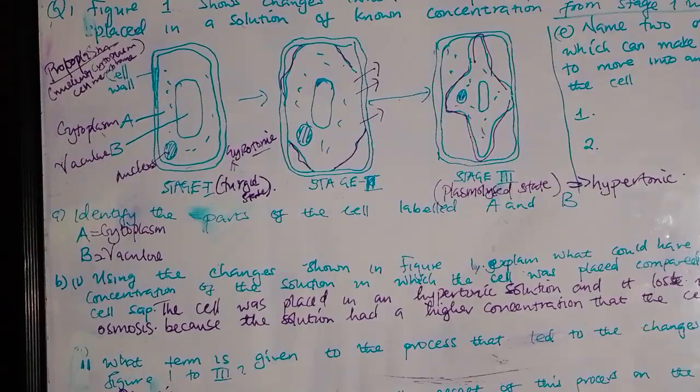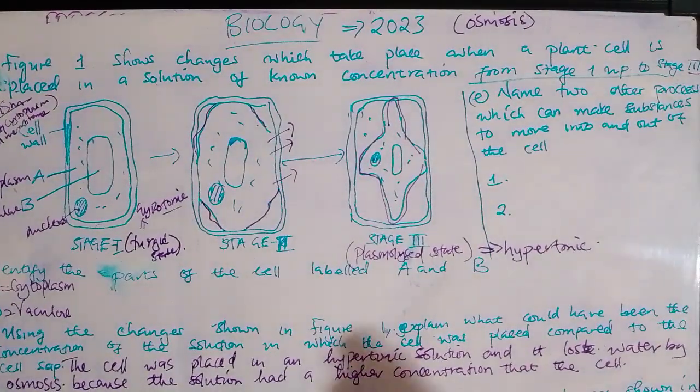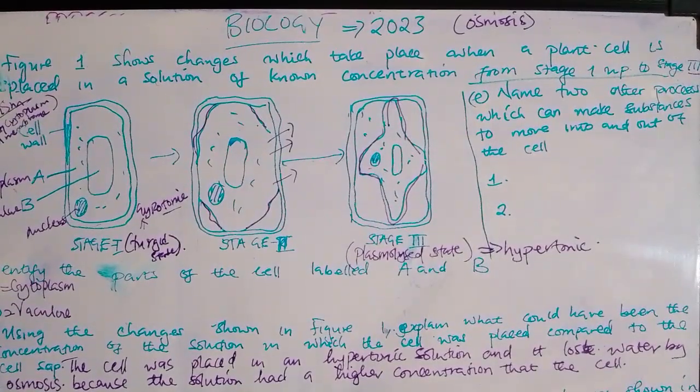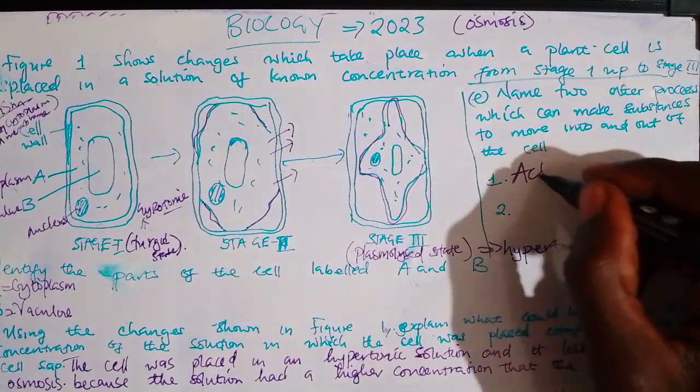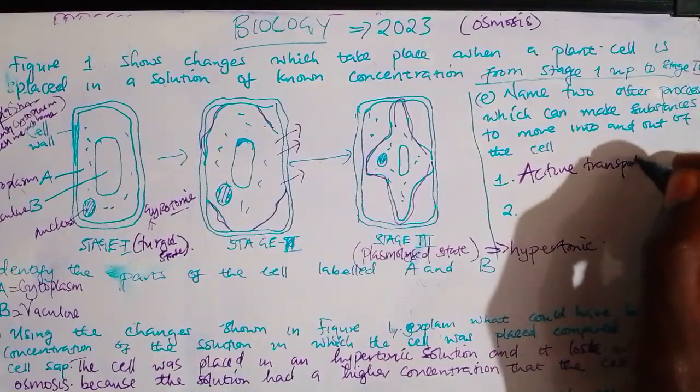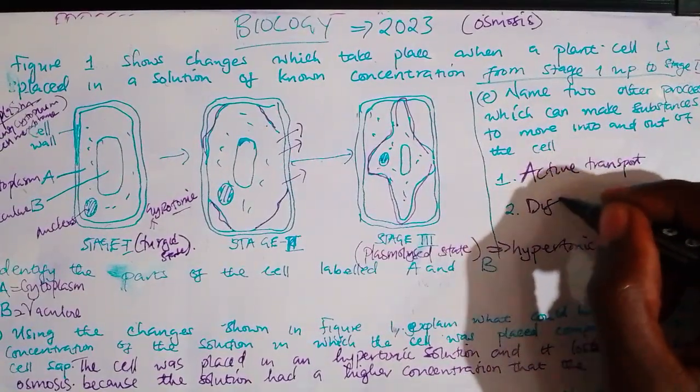Then the final question is saying, name two other processes which can make substances move into and out of the cell. The other processes which can cause the movement of substances in and out of the cell are active transport and diffusion.